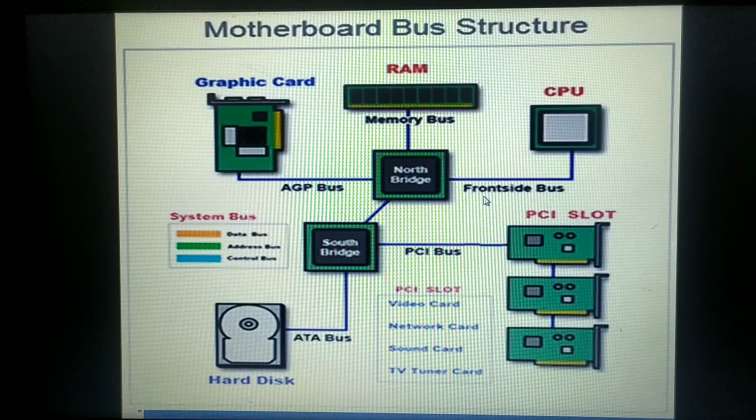The higher the bus speed, the faster the computer can send the data, which will improve your computer performance. Usually the front side bus is the connection between the CPU and the north bridge chipset. On any motherboard you take, there is a high speed data transfer between the CPU and the RAM, in order to improve the CPU performance.